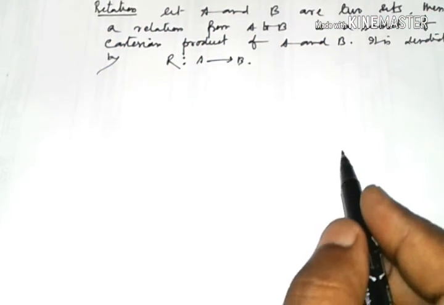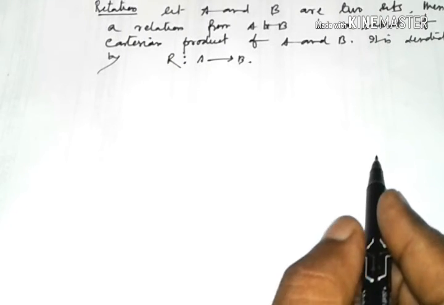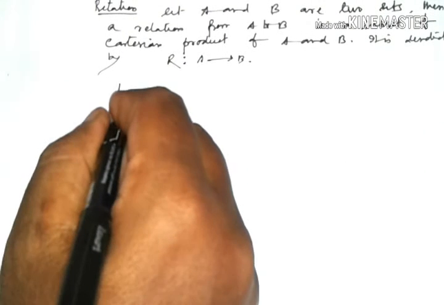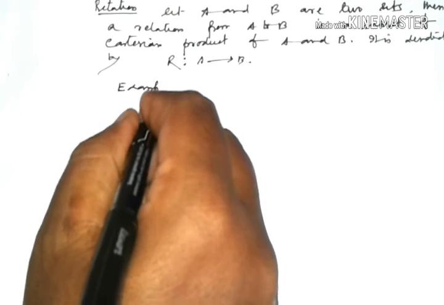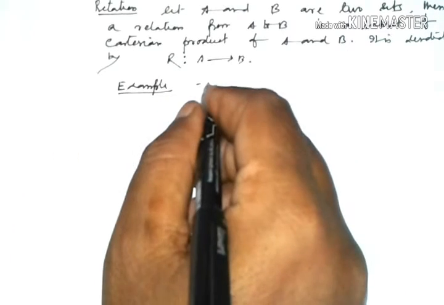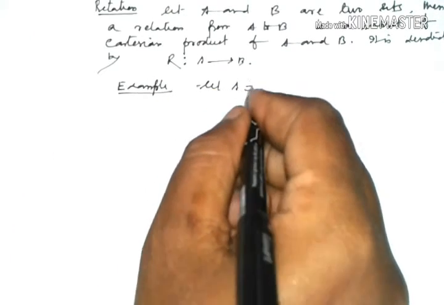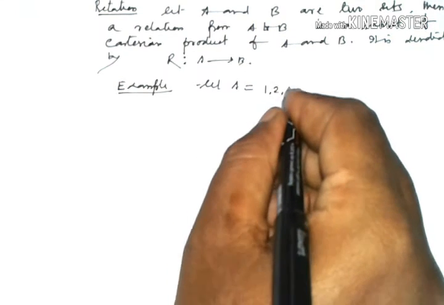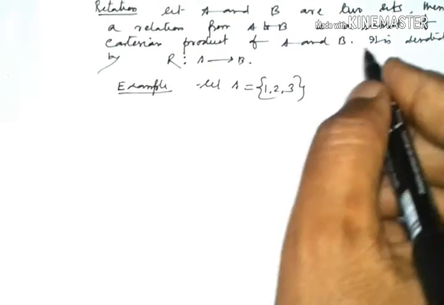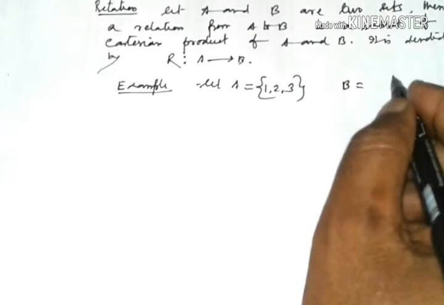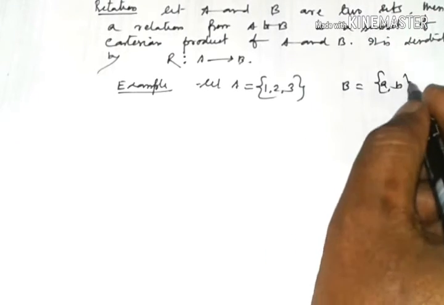You can denote it as relation. Let us take an example. Let A equal 1, 2, 3 and B equal a, b.